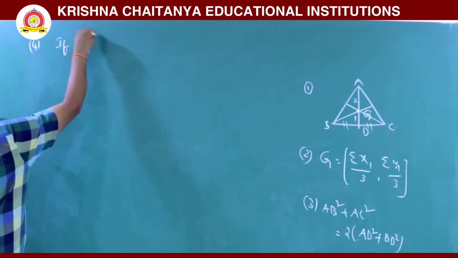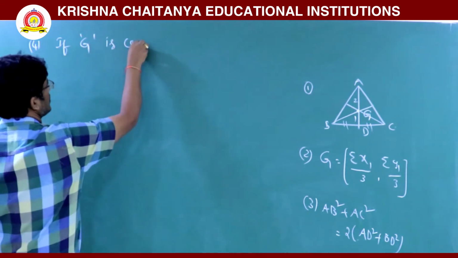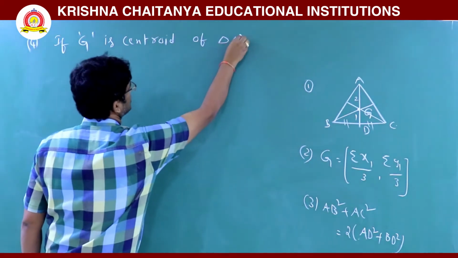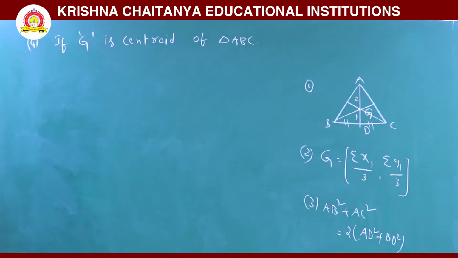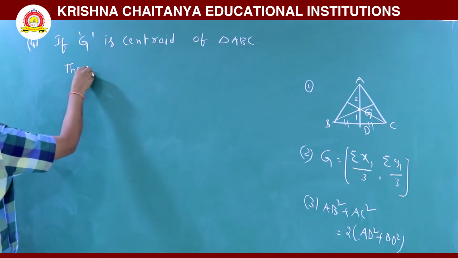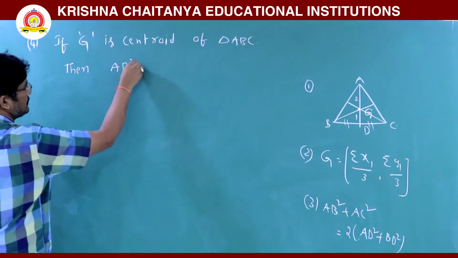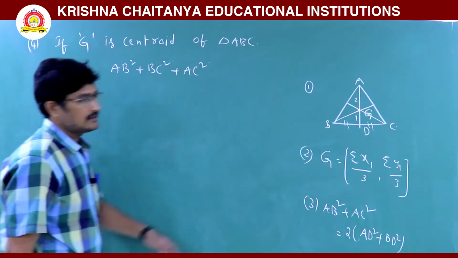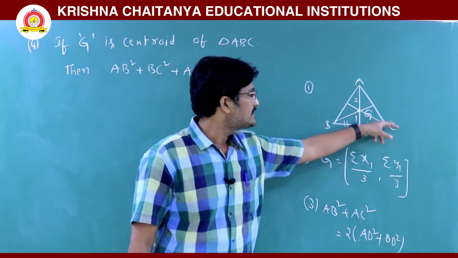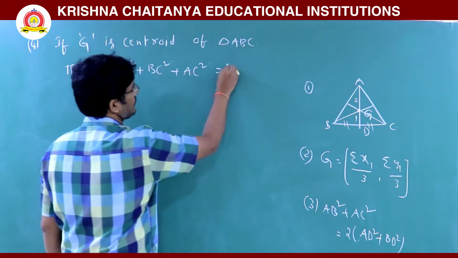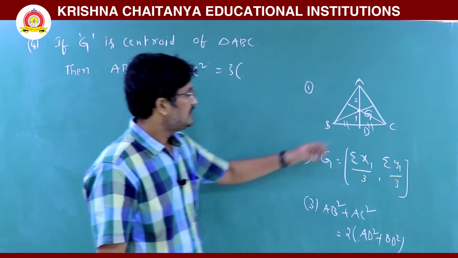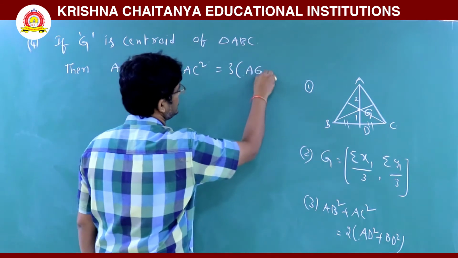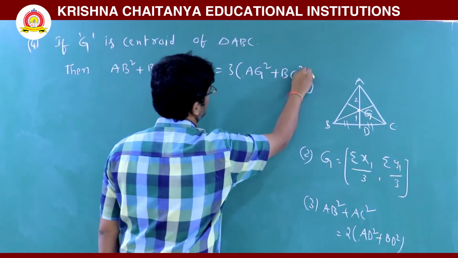If G is the centroid of triangle ABC, then AB square plus BC square plus AC square is equal to 3 times of AG square plus BG square plus CG square.